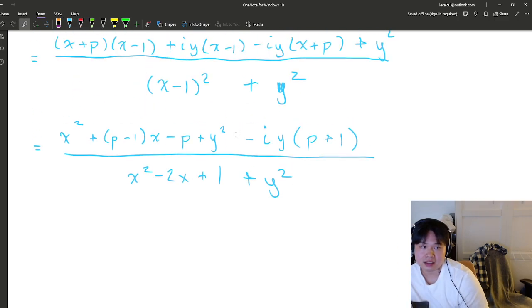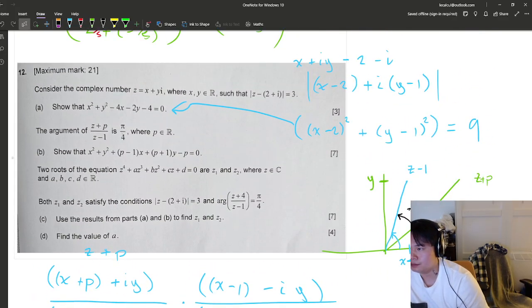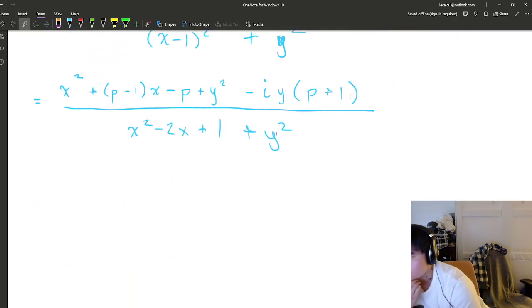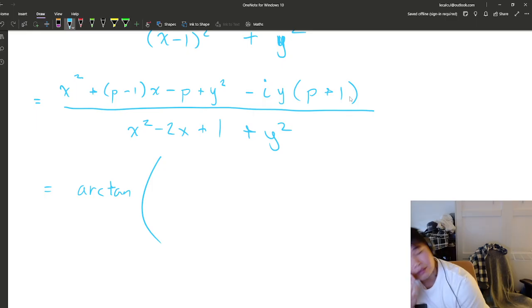Okay, so this is the whatever, and then we know that the argument of this is pi over 4, right? And what is it, imaginary over real? Yeah.